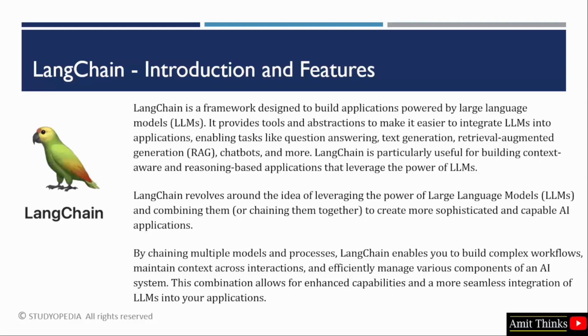You can easily integrate LLMs into applications, enabling tasks like text generation, RAG, question answering, and others. By chaining multiple models and processes, LangChain allows a user to build complex workflows. With that, you can easily manage various components of an AI system using LangChain.